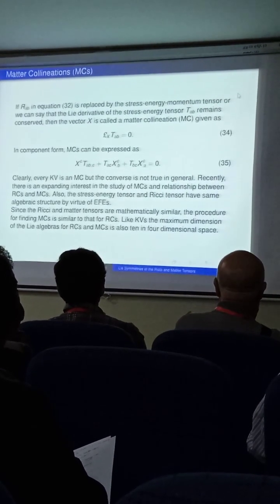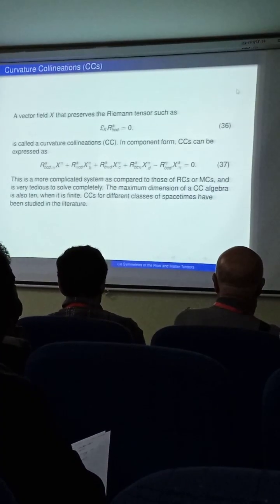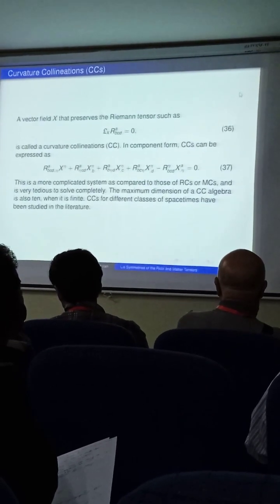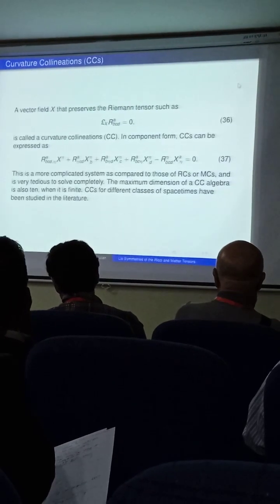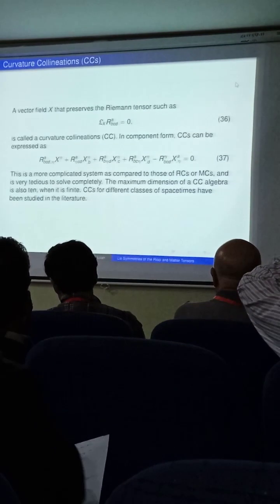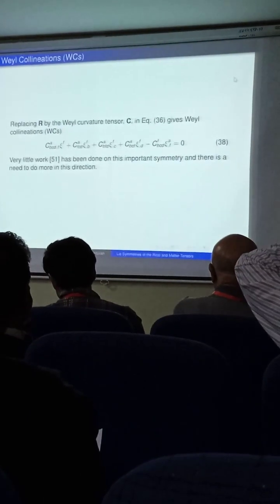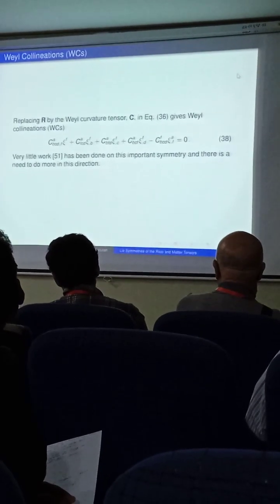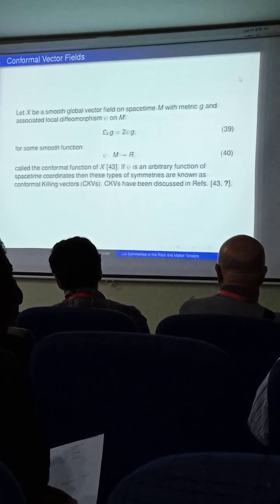This is an old subject, as you saw from the references. Then there is the fourth rank curvature tensor, whose symmetries will be given by this equation, the symmetries of the derivative of the curvature tensor, and the equations will be much more complicated. For the Weyl tensor again, mathematically it's a rank 4 tensor, and the equations are much more complicated.